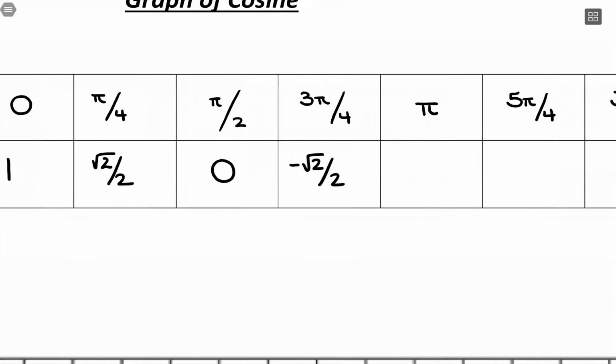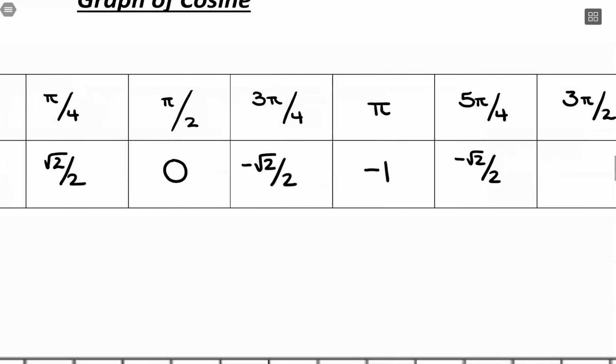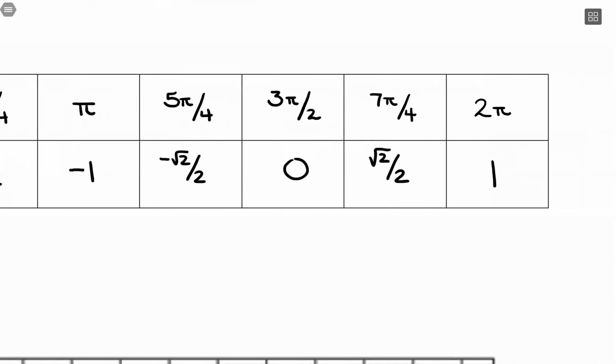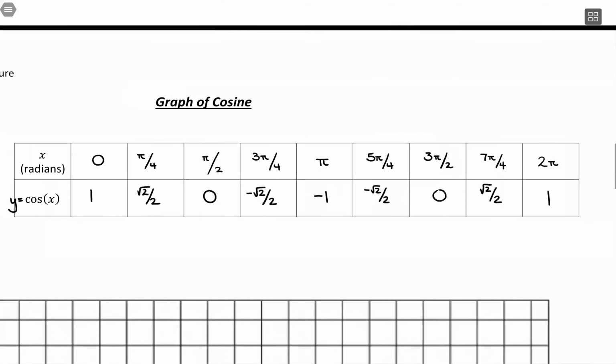At pi, we're at negative 1. 5 pi over 4, negative root 2 over 2. 3 pi over 2, we're at 0. Then root 2 over 2, 1. So just going along the outside of that unit circle, grabbing our cosine values.